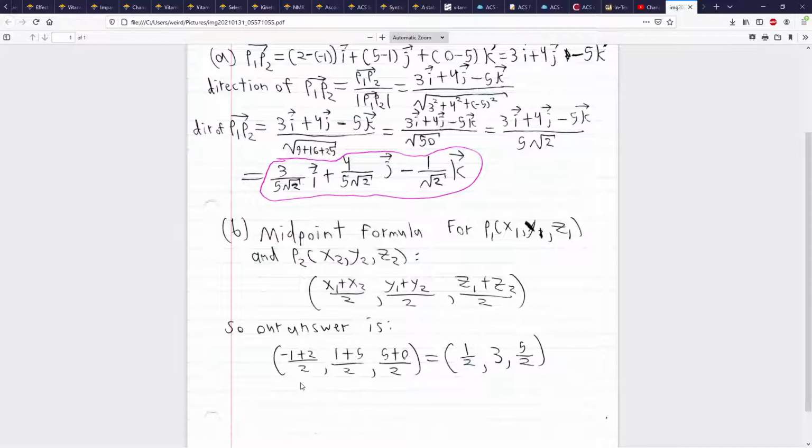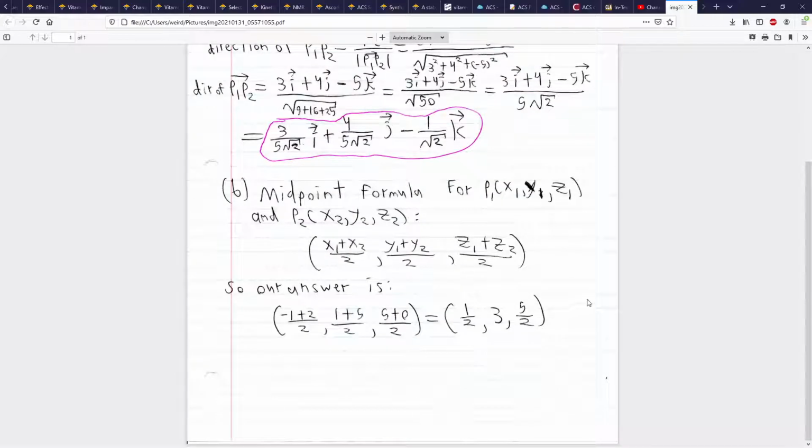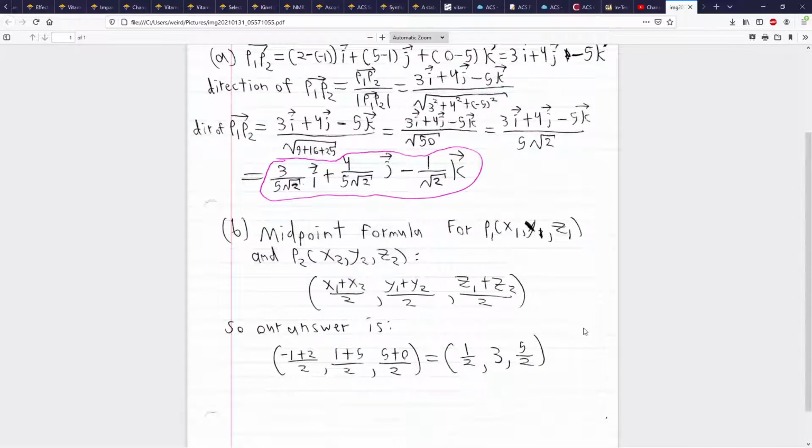Negative 1 plus 2 divided by 2 gives you 1/2. 1 plus 5 divided by 2 is 3, and 5 plus 0 divided by 2 is 5/2. So it's just following the formula for the midpoint. That's why there's only one example in this whole thing.